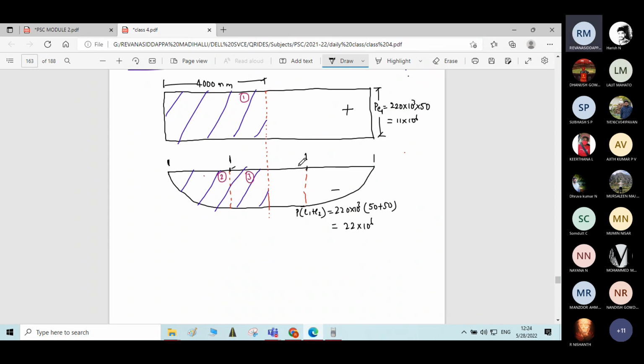So this is 2666 mm, this is also 2666 mm, and this is also 2666 mm.